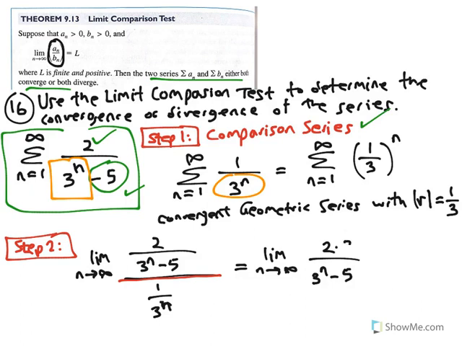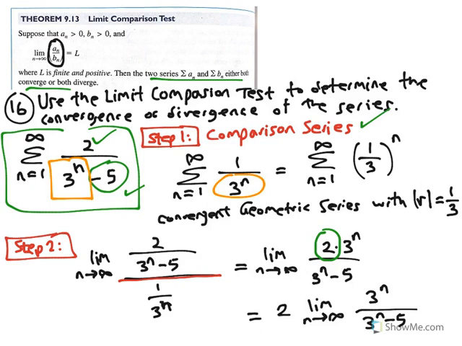So you have 2 times 3^n in the numerator. So the next thing that you can do is factor out the constant 2, and when you do that you'll have this.